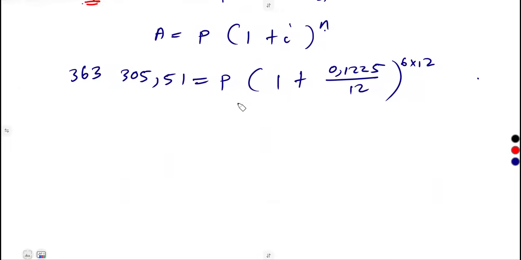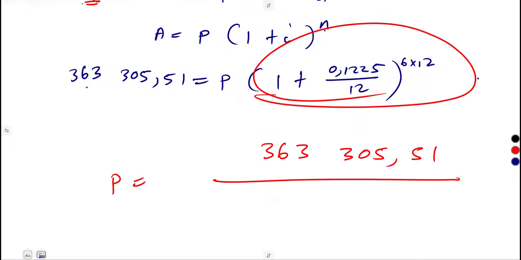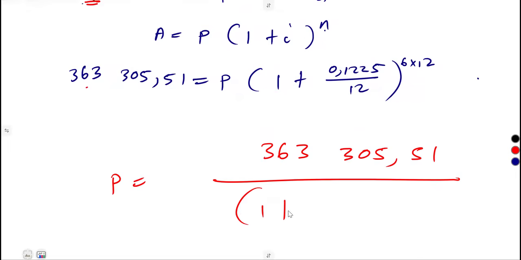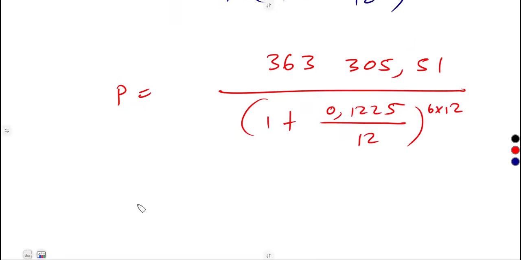So that was the condition that was going to give us the money that he is supposed to invest, the principal. So just divide these two parts. So P is equal to 363305.51 over this whole part as it is. Just use your calculator to simplify or evaluate this.